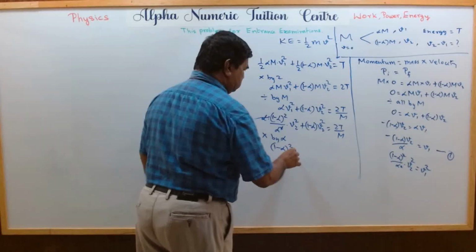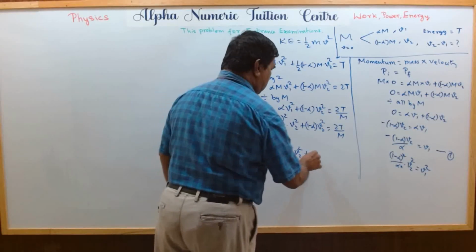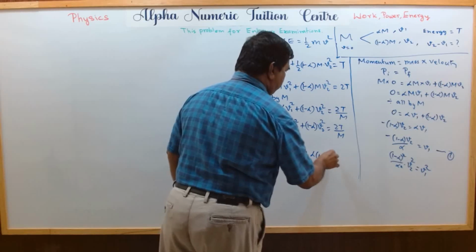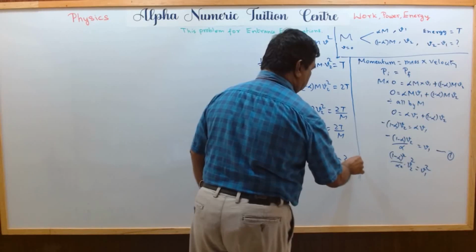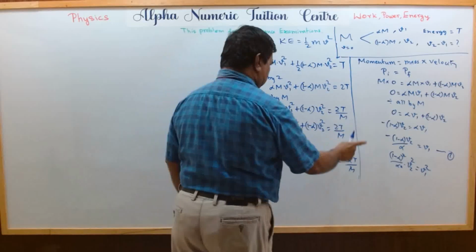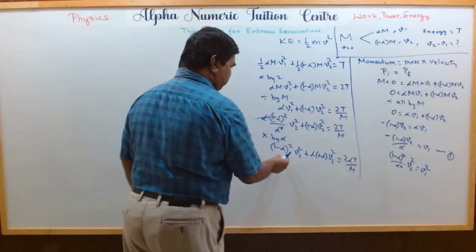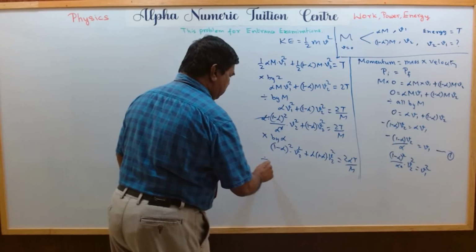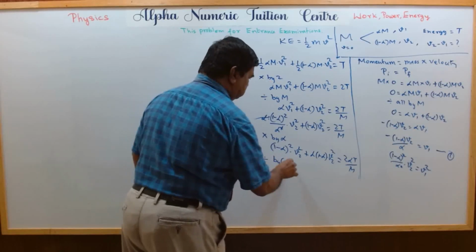So 1 minus alpha the whole squared into v2 squared plus alpha into 1 minus alpha into v2 squared equals 2 times alpha T by M. So multiply each term by alpha. Now divide all by 1 minus alpha.